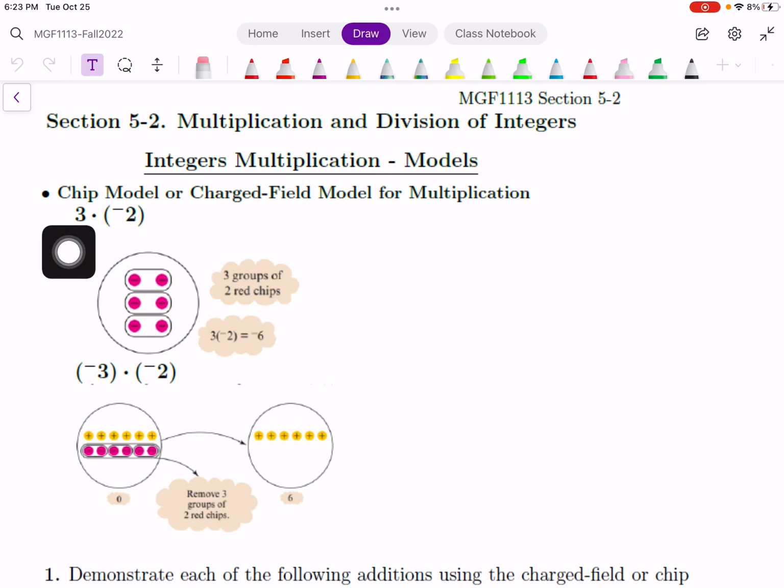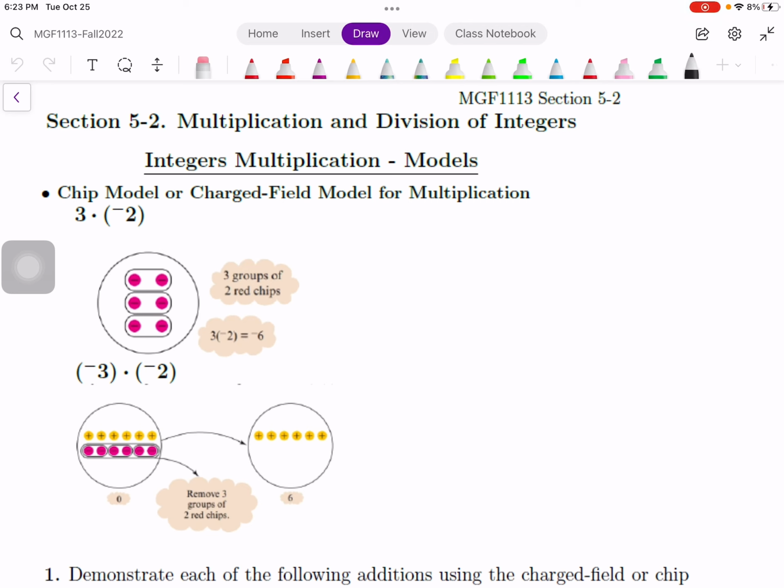So if you have multiplication by a positive number, 3 times -2, then that means you can think of it as three groups of two red chips. Red chips stand for negative, or three groups of two negatives.